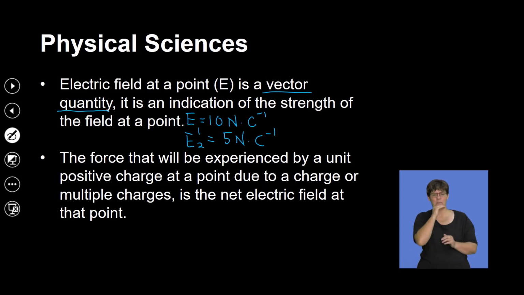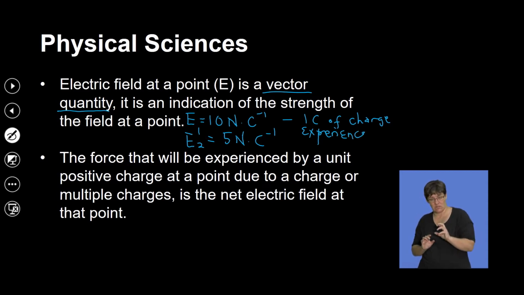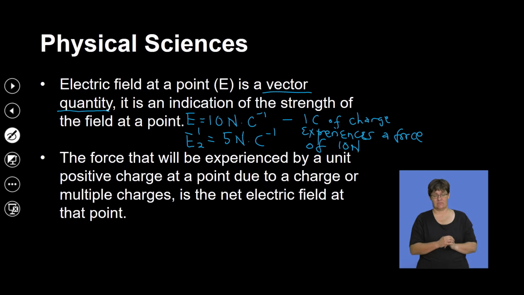What that simply means is that the electric field strength at point 1 is such that 1 coulomb of charge experiences a force of 10 newtons. This is exactly what we mean when we say the magnitude of the electric field at a point is 10 newtons per coulomb.